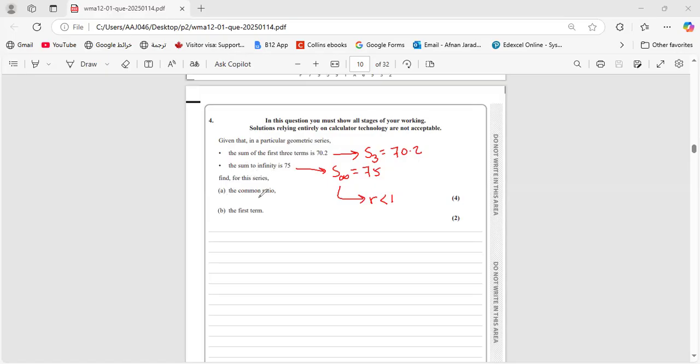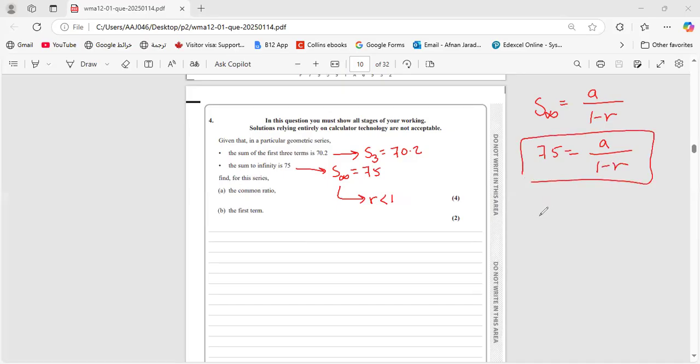How can I find the common ratio? The sum to infinity equals a over 1 minus r, so 75 equals a over 1 minus r. To eliminate a, I also have S3, using the sum to n, which is a multiplied by 1 minus r to the power of n over 1 minus r.